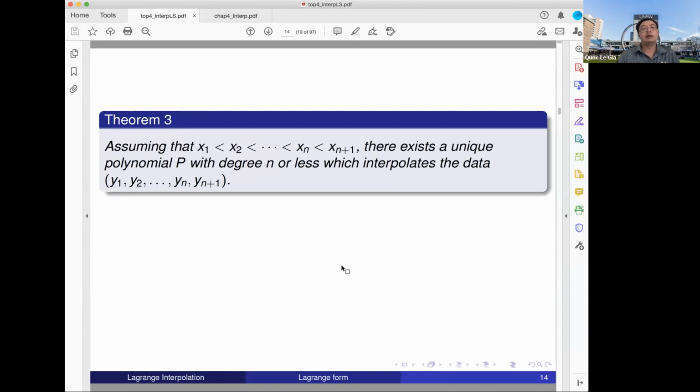The theorem says that you can get a polynomial that goes through those data y1 up to y(n+1), and moreover the polynomial is unique, so you can expand the Lagrange form into the simplest form you can have, and it's unique. That is the theorem, and we can show why it's the case.